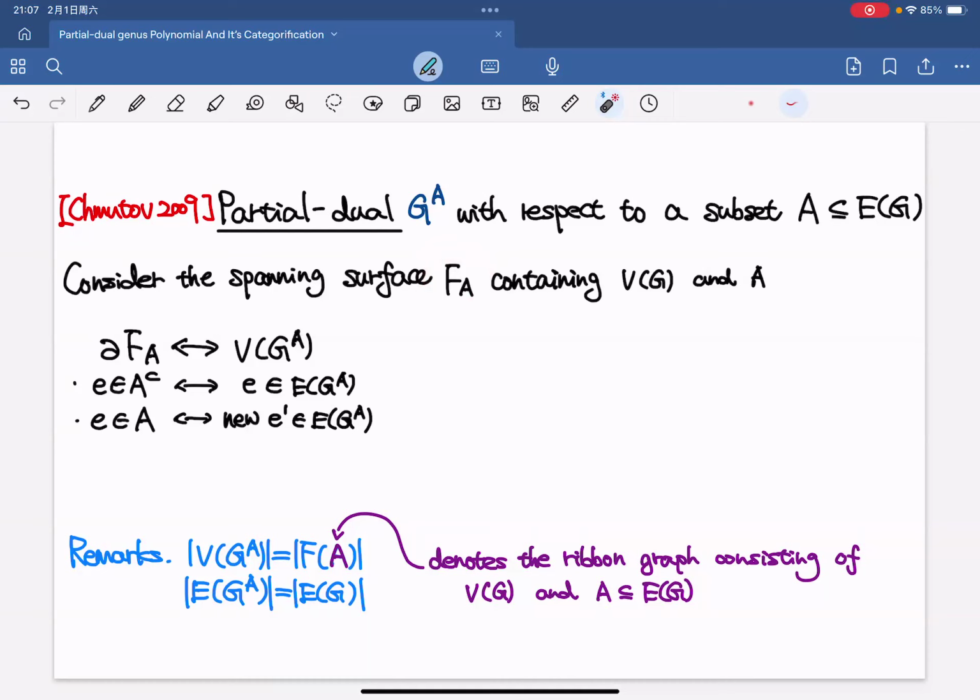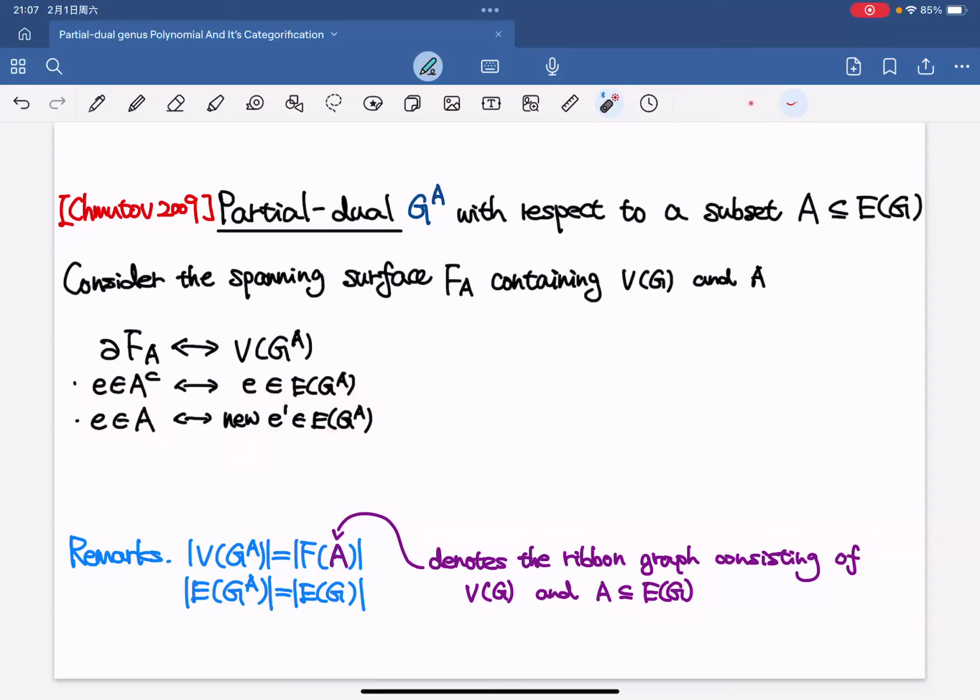Then for each boundary component of this surface, we introduce a vertex of the new ribbon graph. There is a one-to-one correspondence between the edge sets. Each edge not in A still lives in the new ribbon graph, and each edge belonging to A corresponds to a new edge in the new ribbon graph.